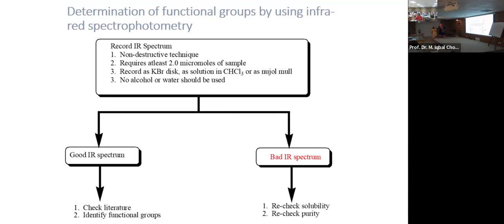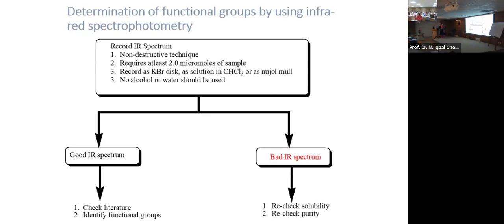If you would like to identify the functional group, we can identify functional groups in NMR, but IR is the best technique for functional group analysis. It is a non-destructive technique, but it requires 2 micromolar sample, and it can be used in CHCl3 or as a KBr disk.